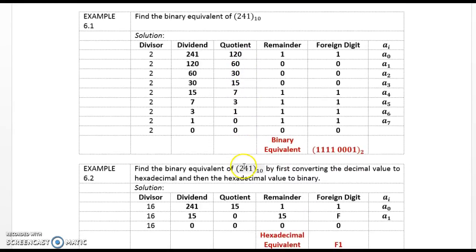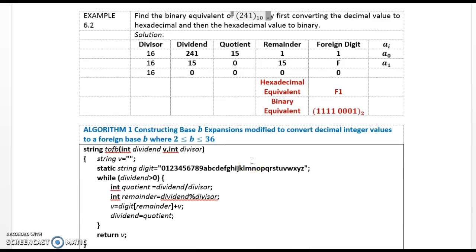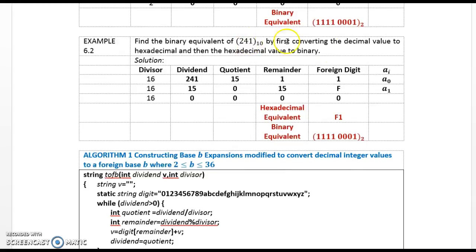Example 6.1. Find the binary equivalent of 241 base 10. Well, we could just divide by 2 successively until we get quadruple 1, 0001 as shown. Or we could do this more quickly by converting it to hexadecimal first, and then converting the hexadecimal to binary.